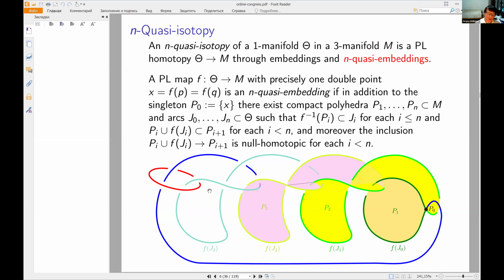So here we have to stop, but we have found P0, P1, P2, and P3, and also these arcs J0 to J3. So this singular link is 3 quasi-embedding, and so Milnor's link M4 is 3 quasi-isotopic to the unlink.